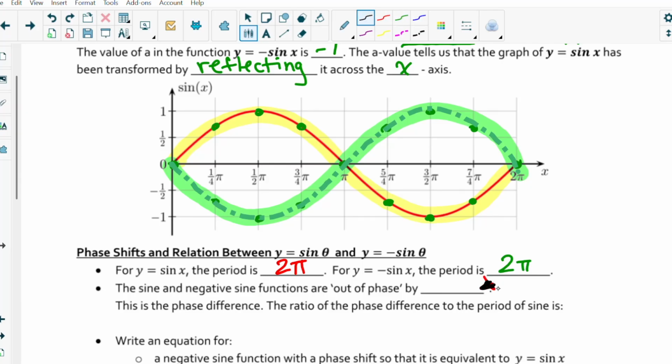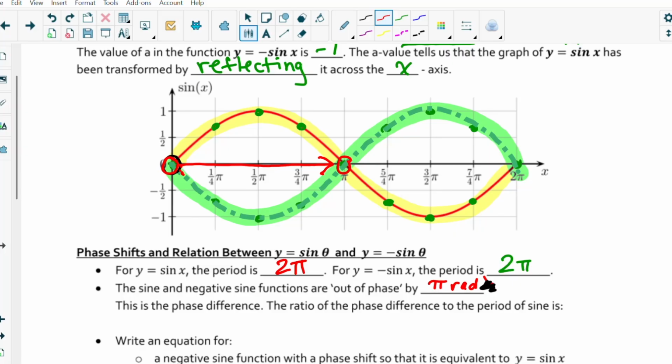Out of phase by how many radians? If I start at 0 for the red graph, this point, if I want to match it and make the graphs line up and overlay, that's pi radians out of phase, so pi radians.